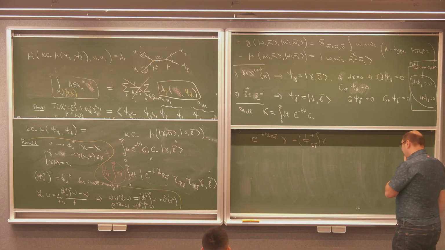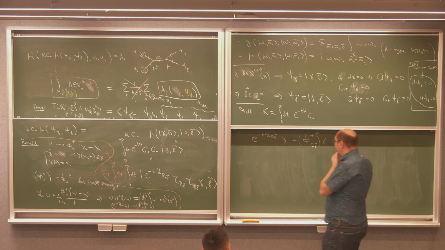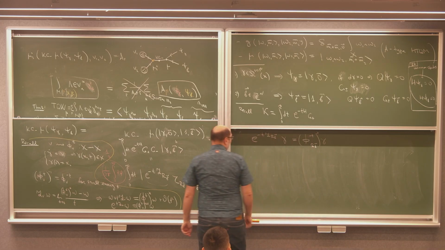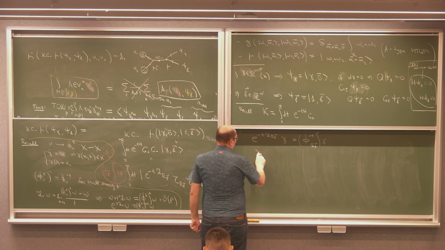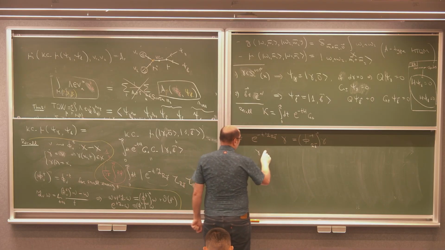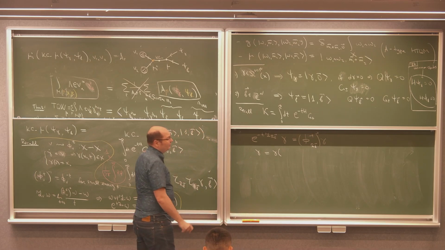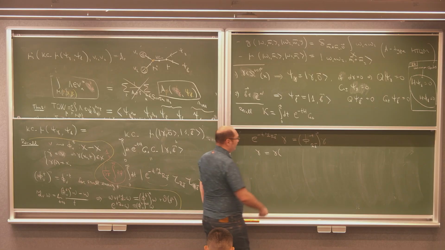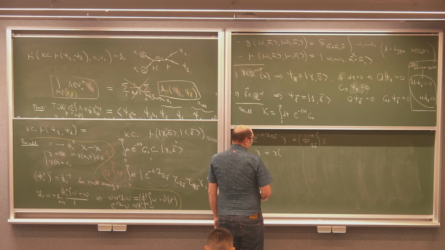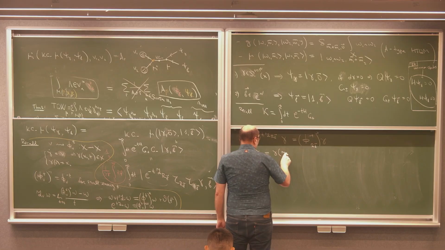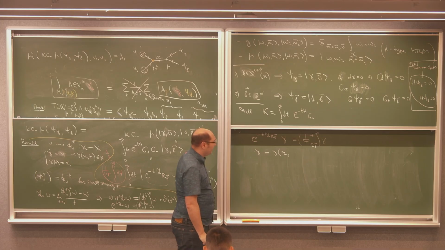So now let us make things more concrete and choose a standard basis for gamma. In the standard basis of one forms, which is just dr, d phi, we can treat gamma that is U1 invariant as a function of three types of variables.